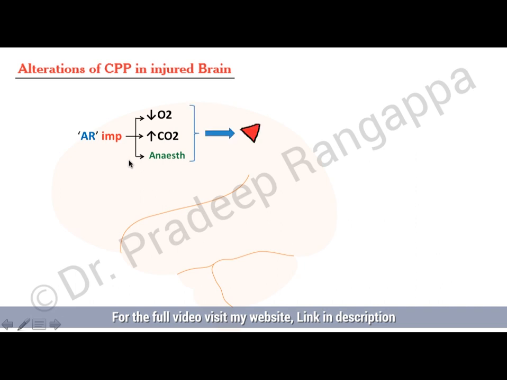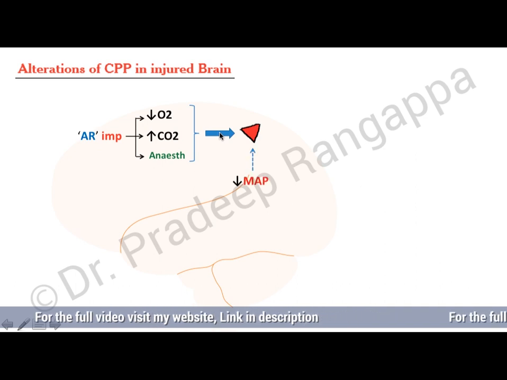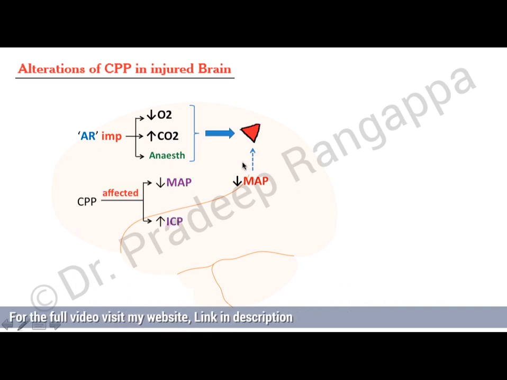Hypoxemia and hypercapnia are the known no-nos in treating traumatic brain injury, because they can cause secondary insults and also impair autoregulatory mechanisms, and that leads to cerebral ischemia. And we know for sure that cerebral ischemia can be accentuated even by a reduction in blood pressure, a reduction in mean arterial pressure.